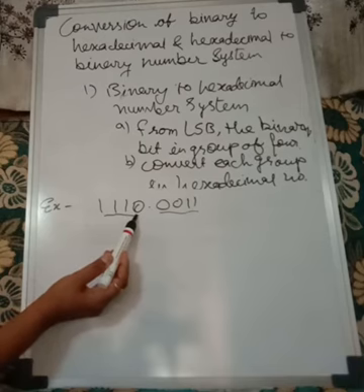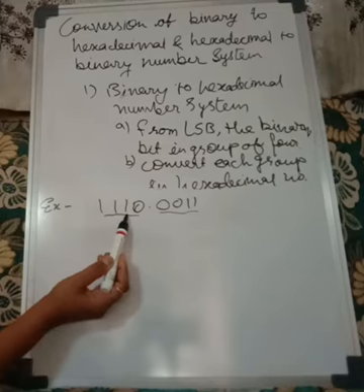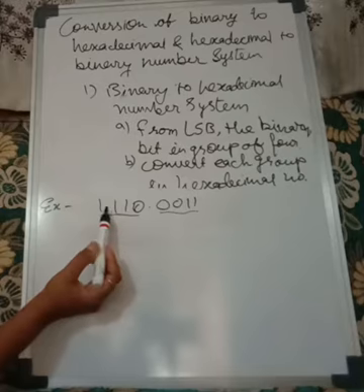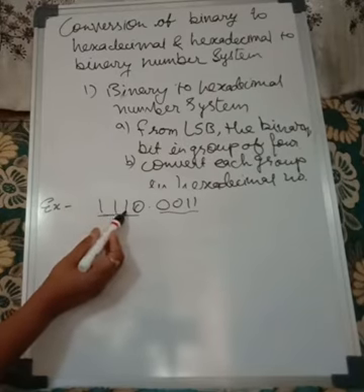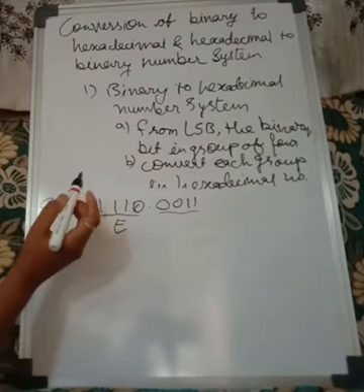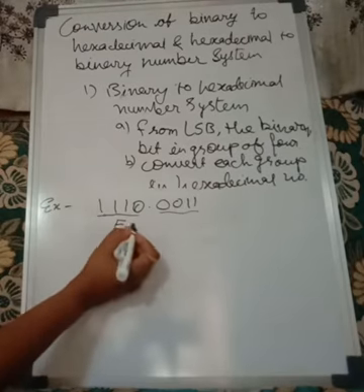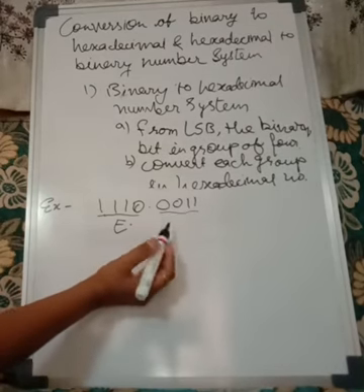For this group, we have 2, 4, 8, so 8 plus 4 is 12, 12 plus 2 is 14, and 14 is E. And this group, this is 1 and this is 2, 2 plus 1 is 3.